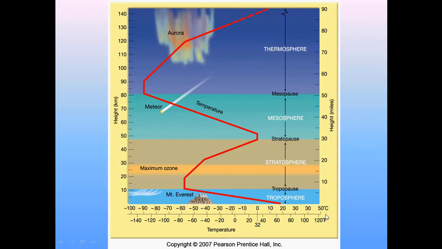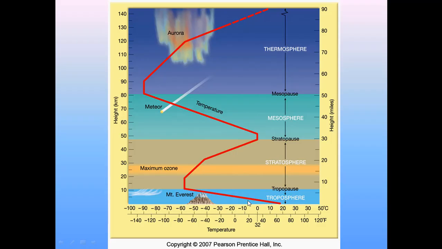And as you go towards the right, temperature warms. As you go towards the left, temperature cools. So in looking at the temperature profile for the Earth's atmosphere, we notice that in the troposphere, the higher you go in altitude, or as we say in the weather world, the higher you go in height, temperature decreases.